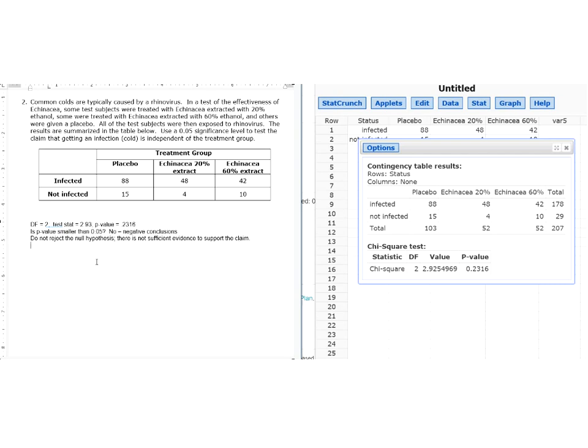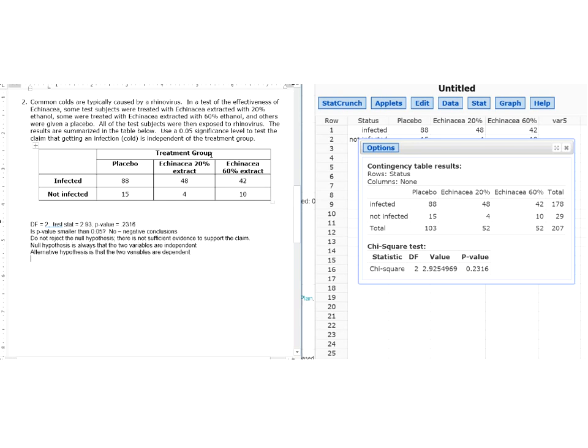Now, with the test of independence, the null hypothesis is always that the two variables are independent. And the alternative hypothesis is that the two variables are dependent. So in this one, if we're having negative conclusions, that means there's not sufficient evidence to support the claim that the infection status and the treatment group are dependent.